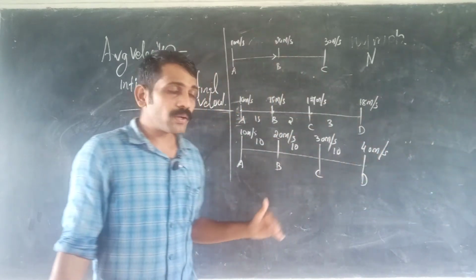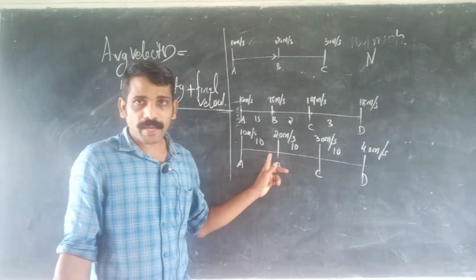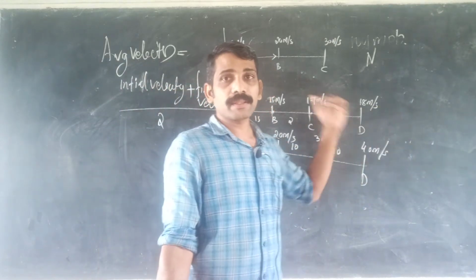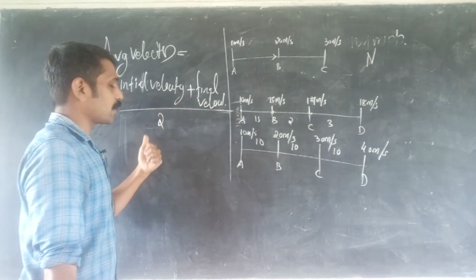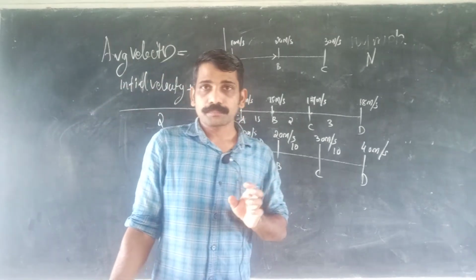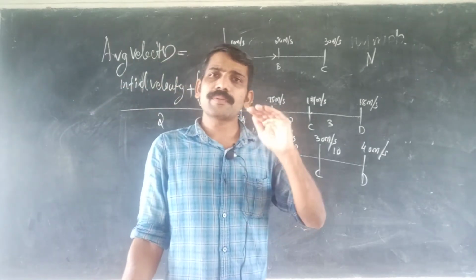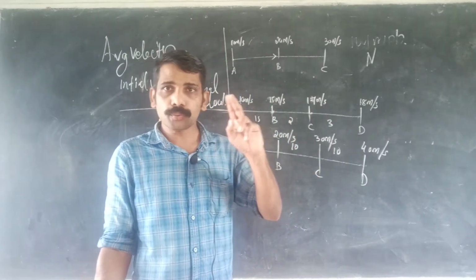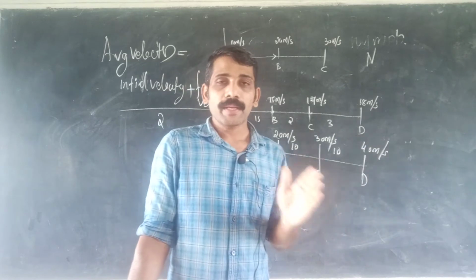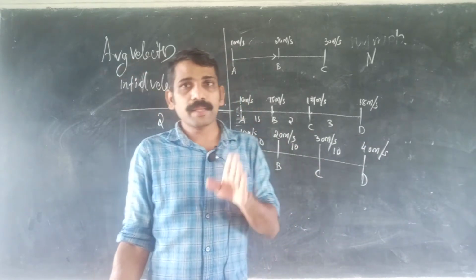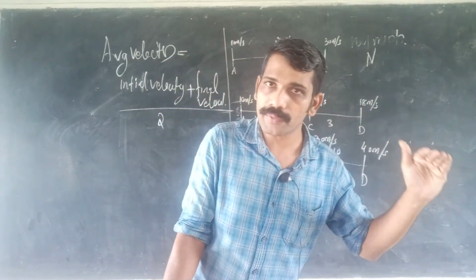Second, if the velocity is varying at a uniform rate, then average velocity is found by initial velocity plus final velocity. Velocity can be variable in two ways. If the velocity is variable, then the velocity is found in terms of average velocity.